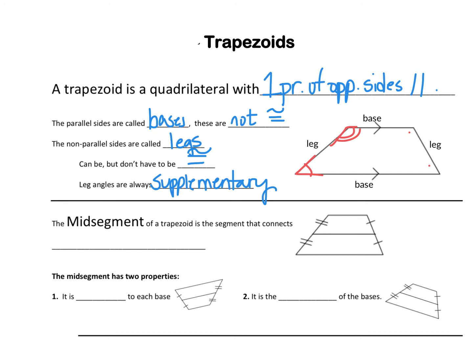All right, so the mid-segment of a trapezoid is the segment that connects the midpoints of the legs. The mid-segment has two properties. It is parallel to each base, and it is the average of the bases.